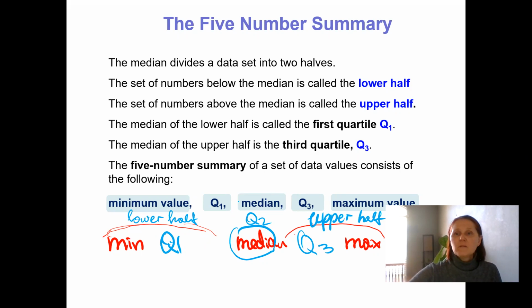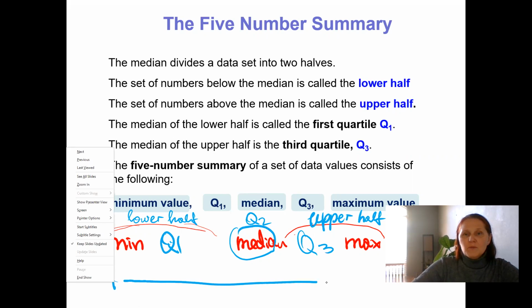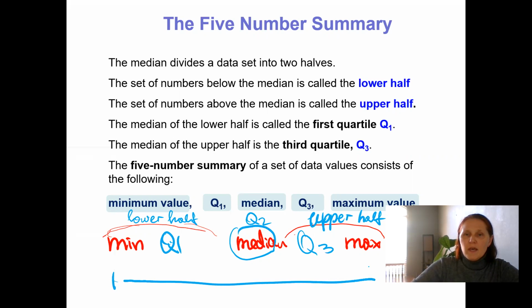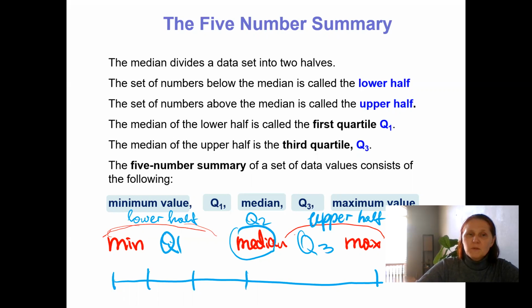So these 5 numbers represent the 5 number summary, and we can also represent this as a box and whisker plot when we have these 5 numbers. So we draw the interval from minimum to maximum. Then we show where the first quartile, the third quartile, and the median are.